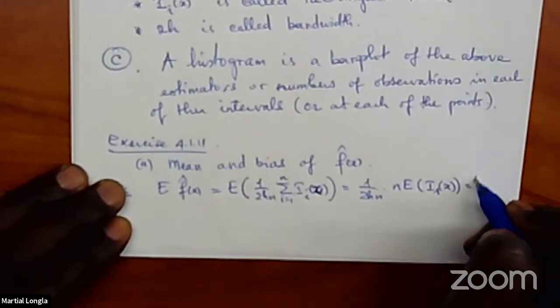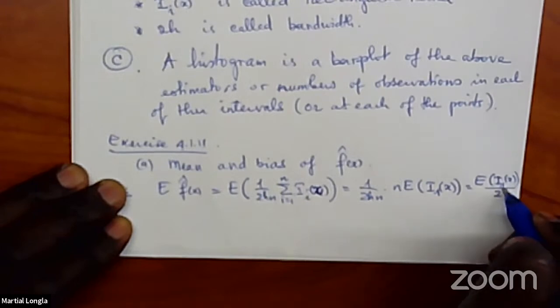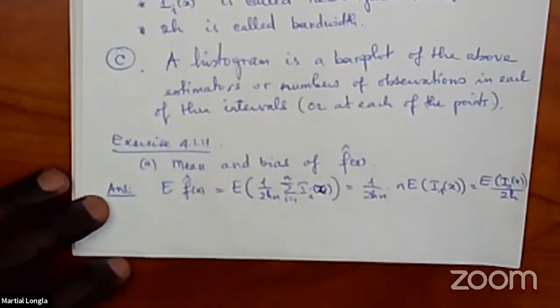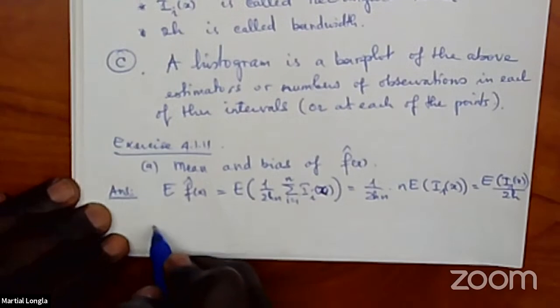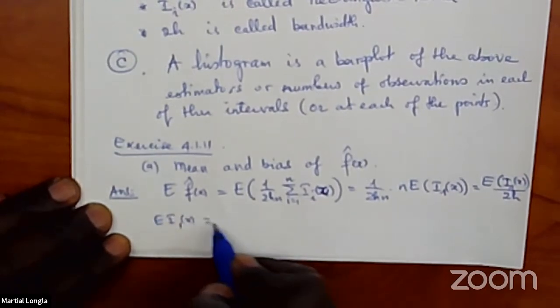So this is equal to expected value of I1 of X over 2H. And my job now is to show you how to find that expected value. Expected value of I1 of X equals what?